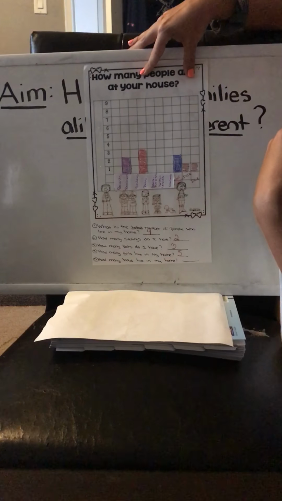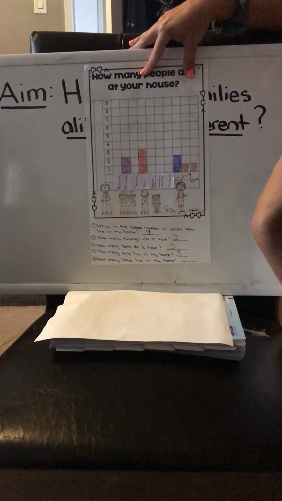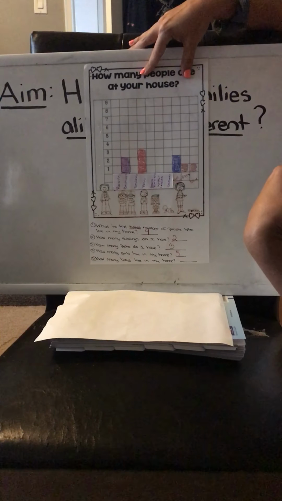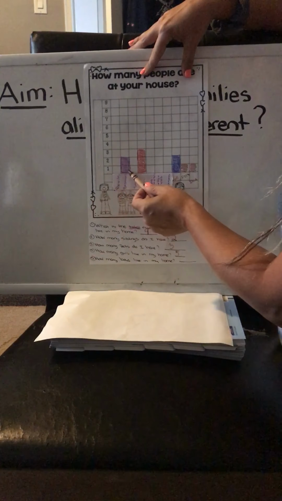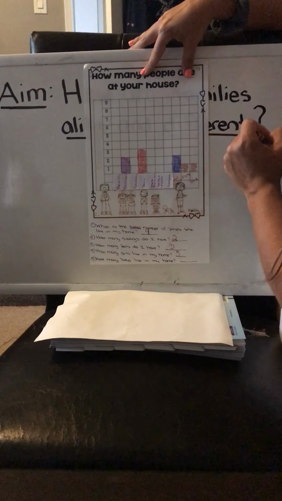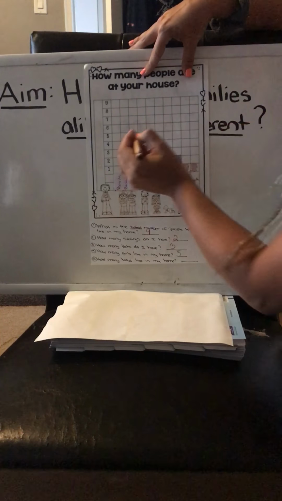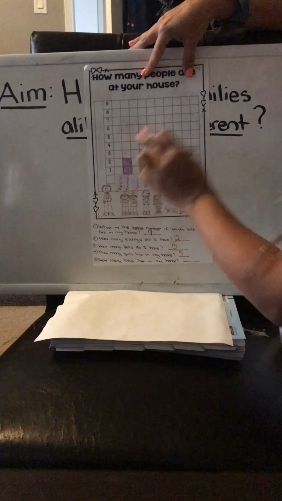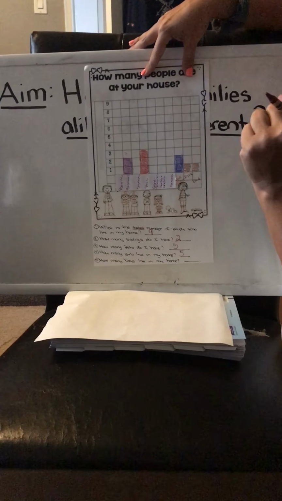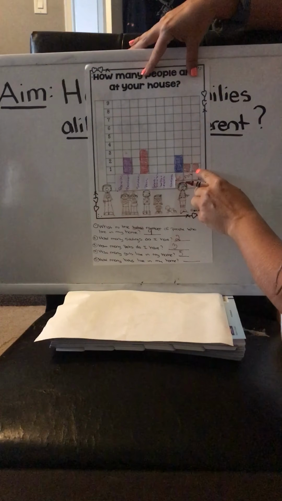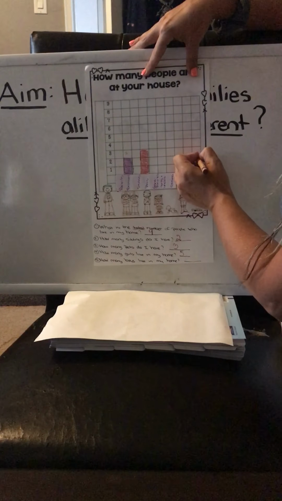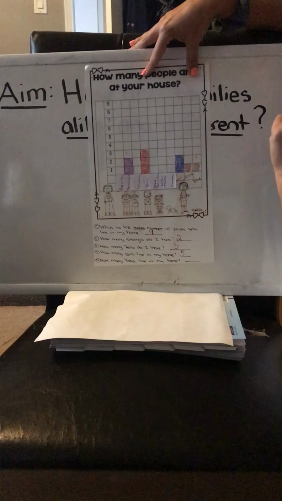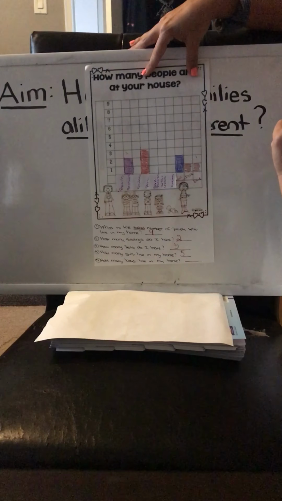Awesome. Now how many boys live in my home? Let's see. Well, I have 2 brothers, so that makes 2. If it helps, you could even put the number above here if that helps you. So I have 2 boys in my home. Oh, my husband, Daddy. There's 1, right? So there's 3 boys in my home.